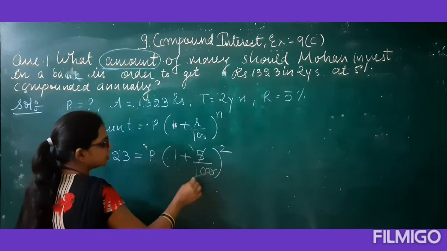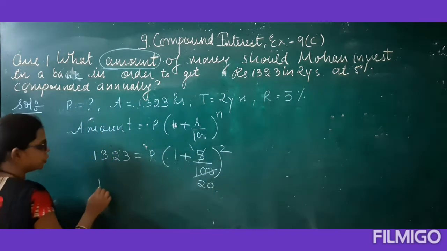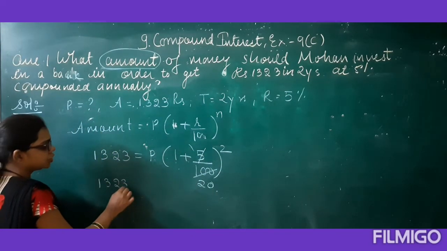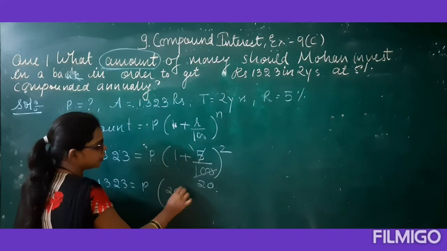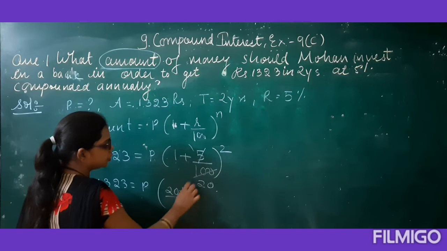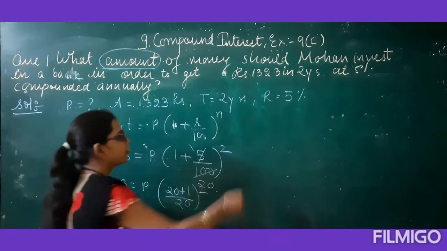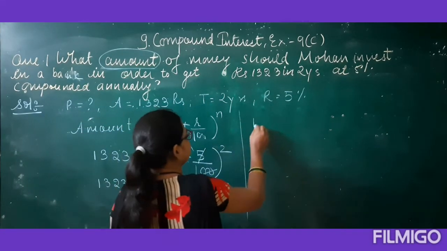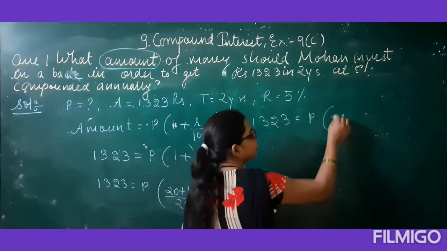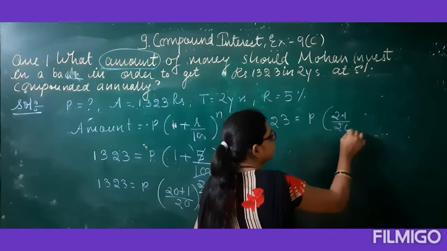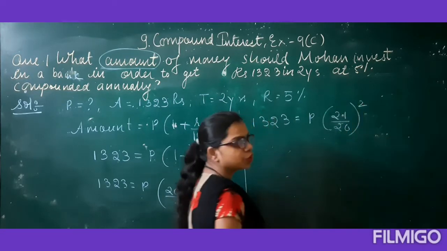5 ones are 5, 5 twos are 10. From here you will get 1323 equal to p into (20 plus 1 upon 20) to the power 2. From here you will get 1323 is equal to p into (21 upon 20) whole power 2.